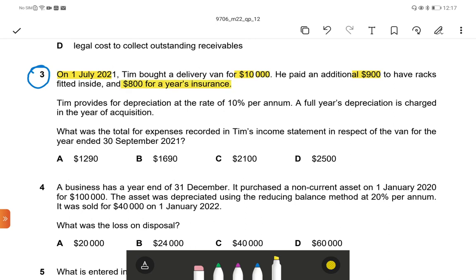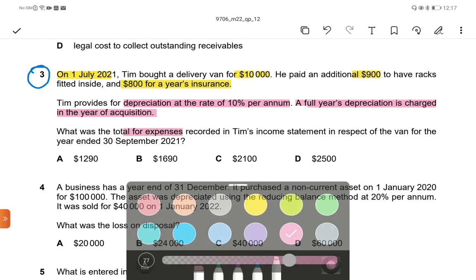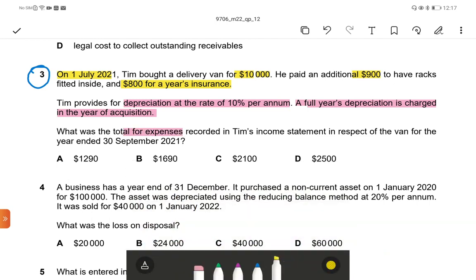Tim provides for depreciation at 10% per year. A full year's depreciation is charged in the year of acquisition. What was the total expense recorded in Tim's income statement for the year ended 30th September 2021?